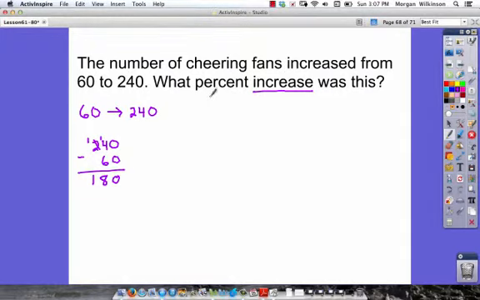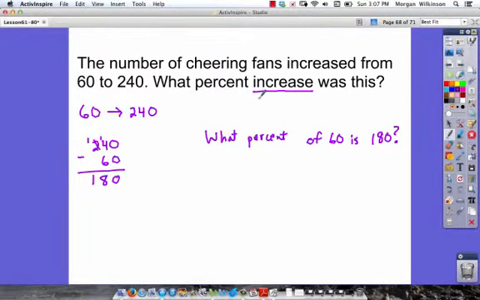But what percent increase is this? Now to figure out our percent increase, what we're going to have to do is we're going to say, what percent of 60 is 180? What percent of 60 is 180?